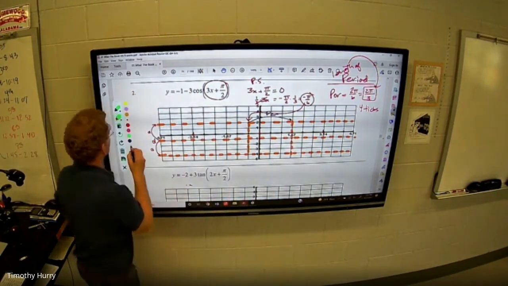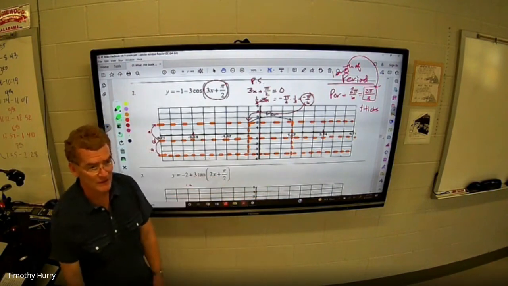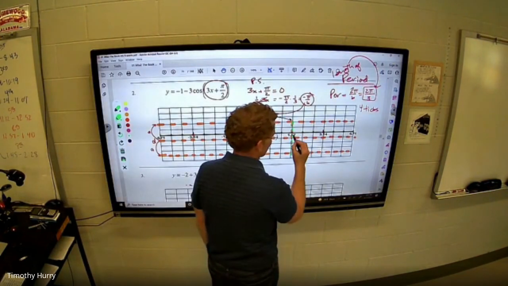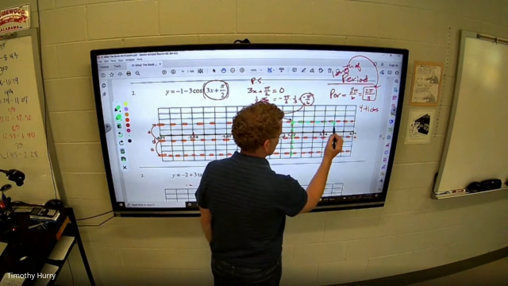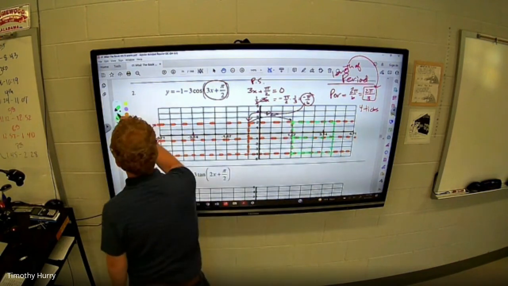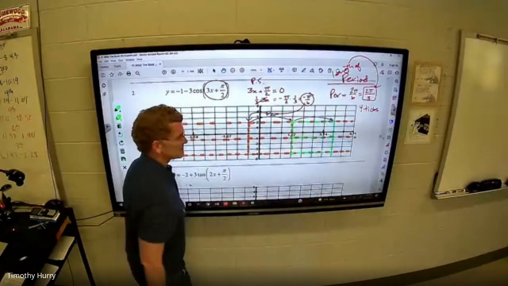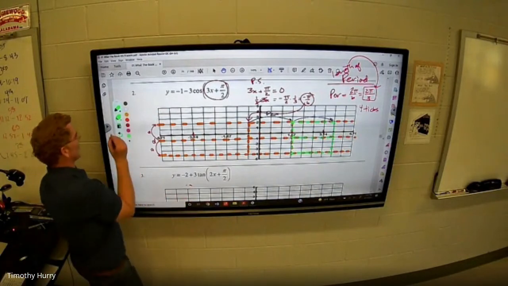And if I want 2 boxes, I can either go to the right or to the left with plenty of room. So if I want to go to the right this time, I'm right there, and I'm going to go 1, 2, 3, 4 more ticks because I know every period is 4 ticks.